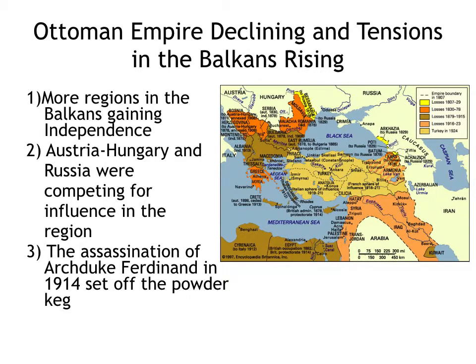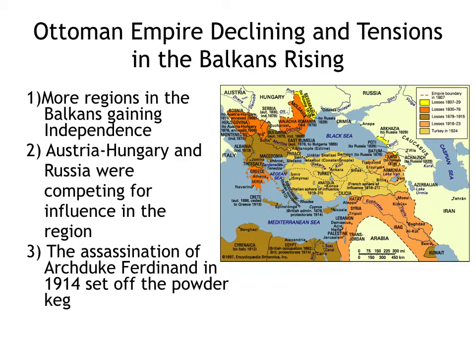Austria-Hungary was understandably quite annoyed and mad about this. They issued a series of demands to Serbia. Serbia agreed to all of them but one, and the failure to accede to that one demand led to Austria-Hungary declaring war on Serbia. Russia had an alliance with Serbia.